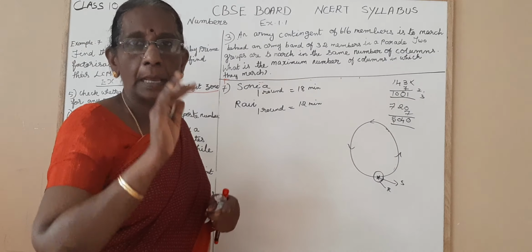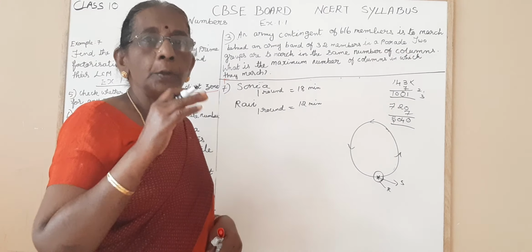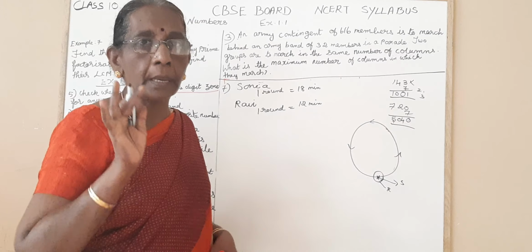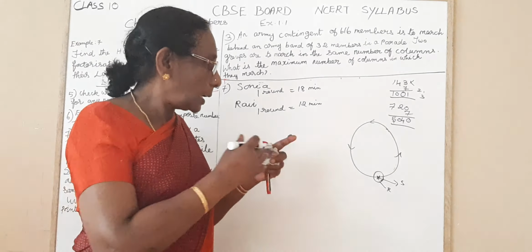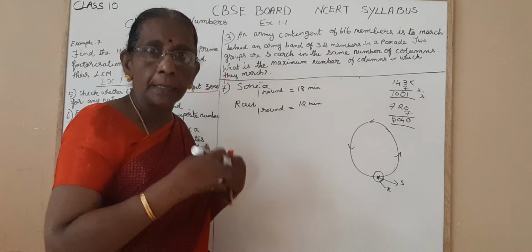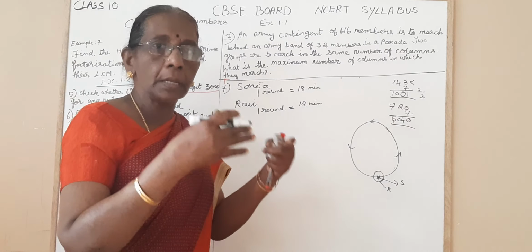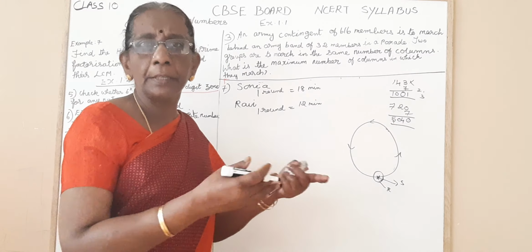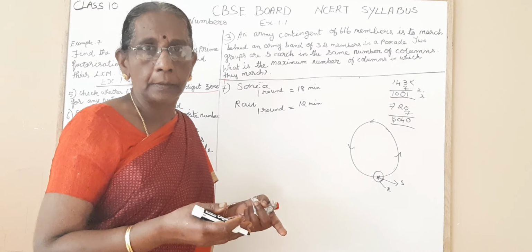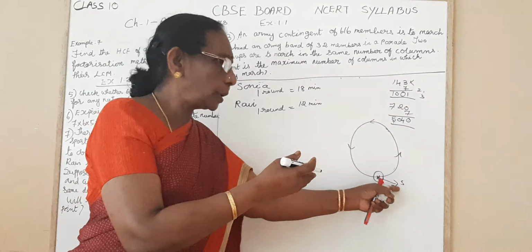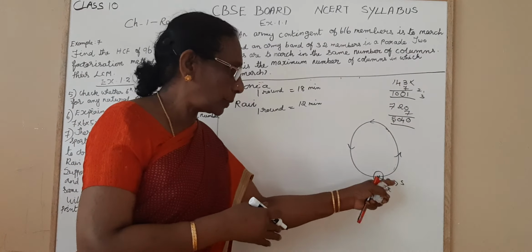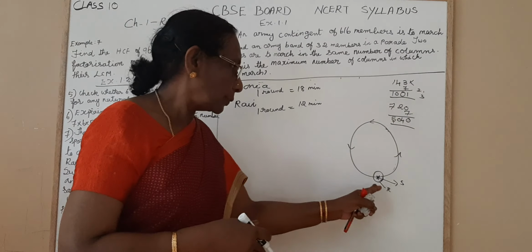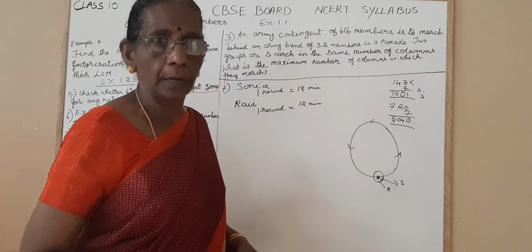It goes on as multiples. That is why you have to find the LCM. Be clear about that. You won't get a number less than 18 and 12. You will be getting an answer more than 18 and 12 and also it will be a multiple of 18 and 12. For Sonia the time will be multiples of 18 and for Ravi it will be multiples of 12.